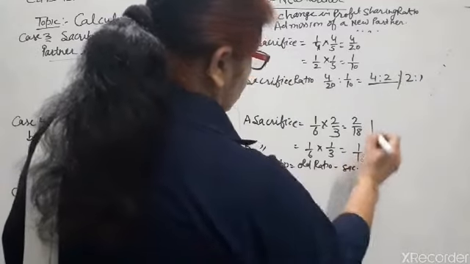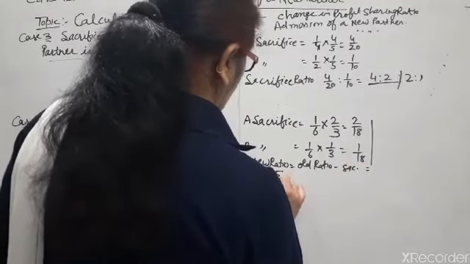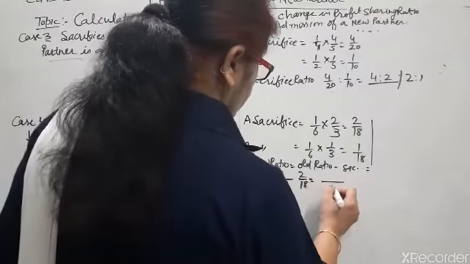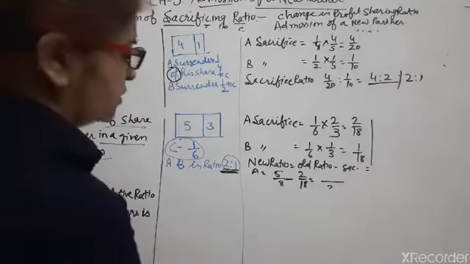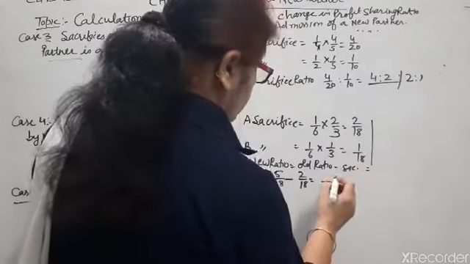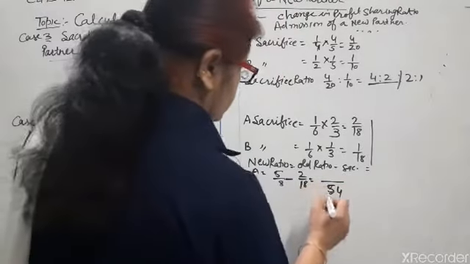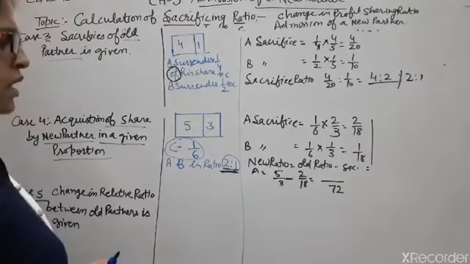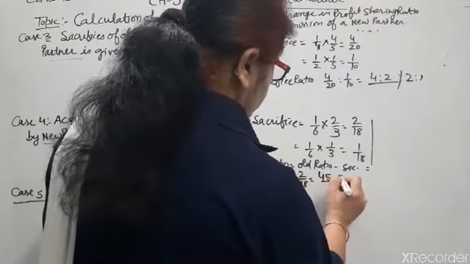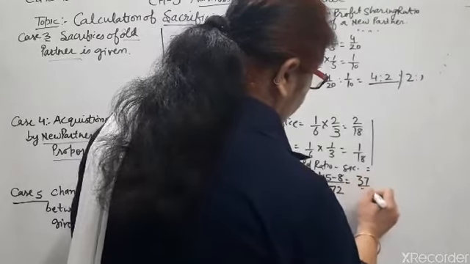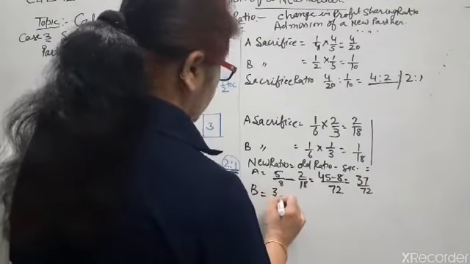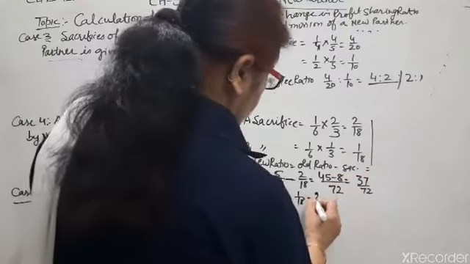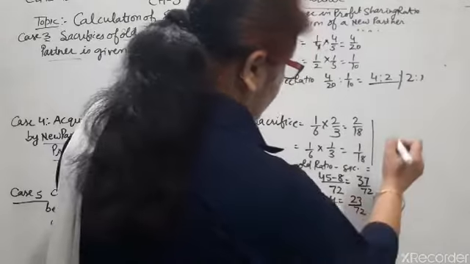Then A's ratio is equal to 5 by 8 minus 2 by 18, with LCM 72, that is 37 by 72, and B's share becomes 3 upon 8 minus 1 by 18, LCM 72, that is 23 by 72.